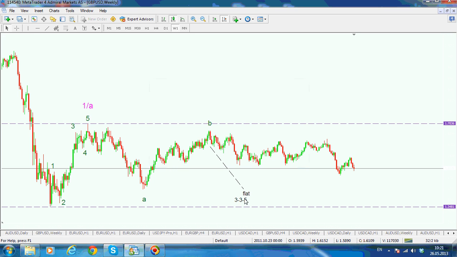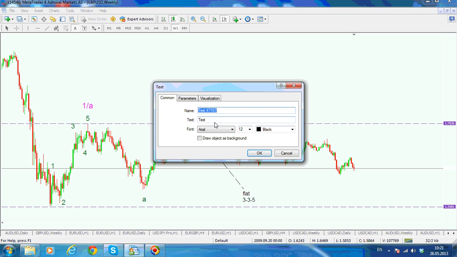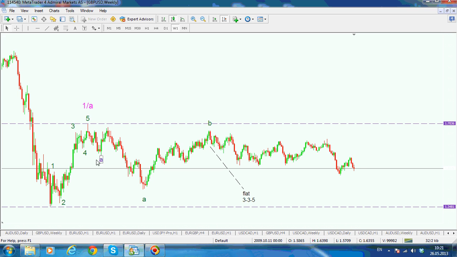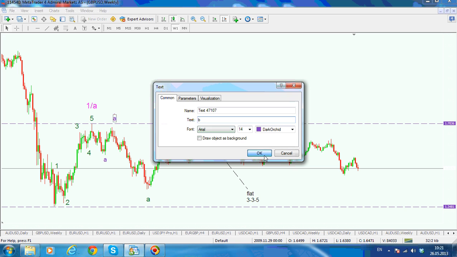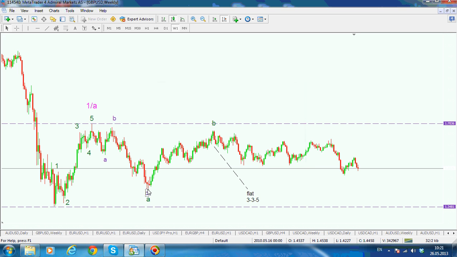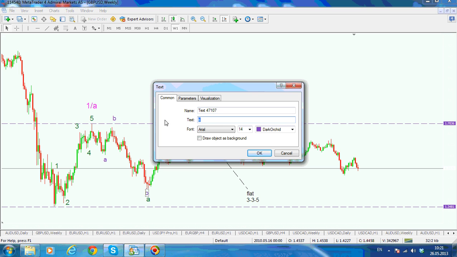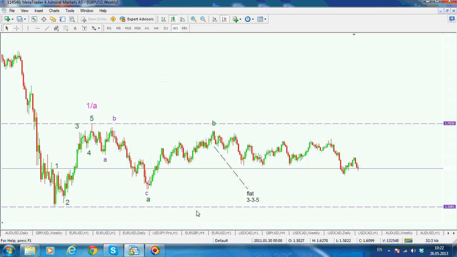That means 3 legs for wave A, so of a lower degree we should have here an A, B, C, and then another ABC of the same degree, so 3, 3, 5.